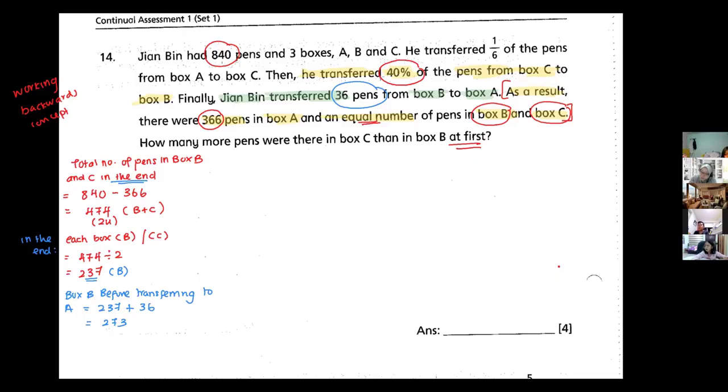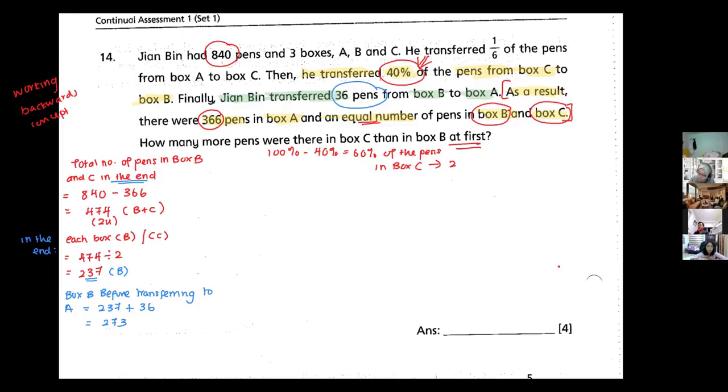If you transfer 40%, you take 100%, take away your 40%, and you're left with 60%. 60% of the pens are in box C, which means 40% is what we are finding out later on. Because the balance is now 60%. When I take out 40% from box C, I have a balance of only 60%.